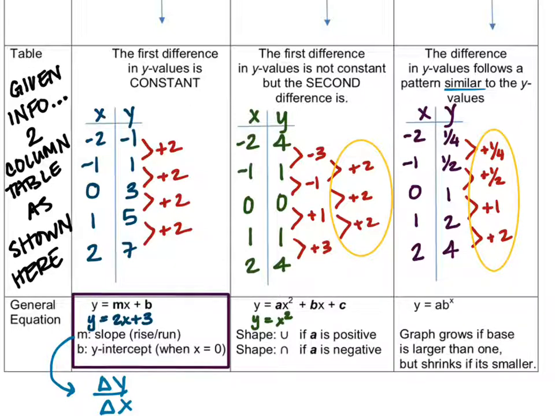And with that being completed, let's then take a look at the exponential function. That exponential function says y is equal to a b to the x. In this case, we have the equation y is equal to 2 raised to the power of x. Make sure that x is in the exponent.